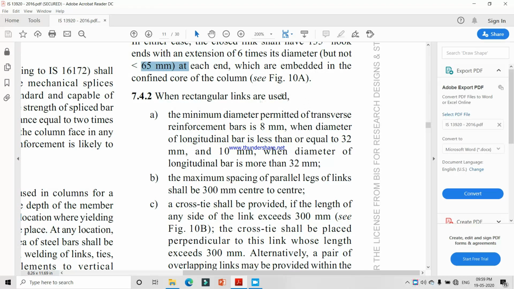If we provide rectangular links, the minimum diameter is 8 mm. If the bar diameter is equal to or greater than 32 mm, we provide 10 mm stirrups diameter. Maximum spacing of the link is 300 mm.